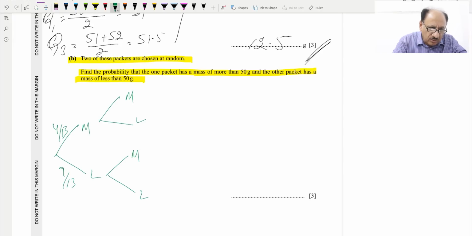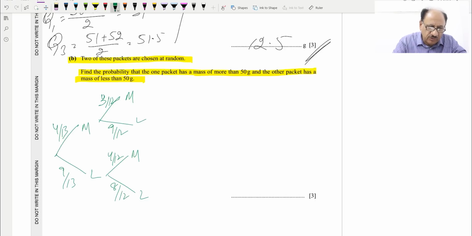Now 1 is gone, so now we will have 3 out of 12, and this will be 9 out of 12, and this will be basically 4 out of 12, and this will be 8 out of 12.